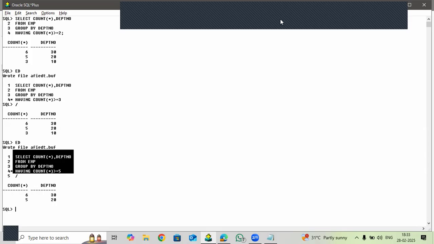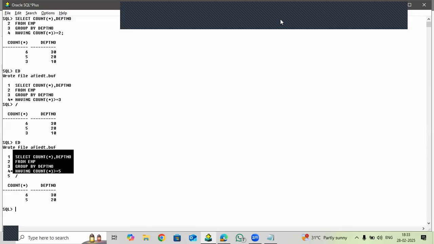Write a query to display number of employees along with their maximum salary who are getting maximum salary greater than 3,000.